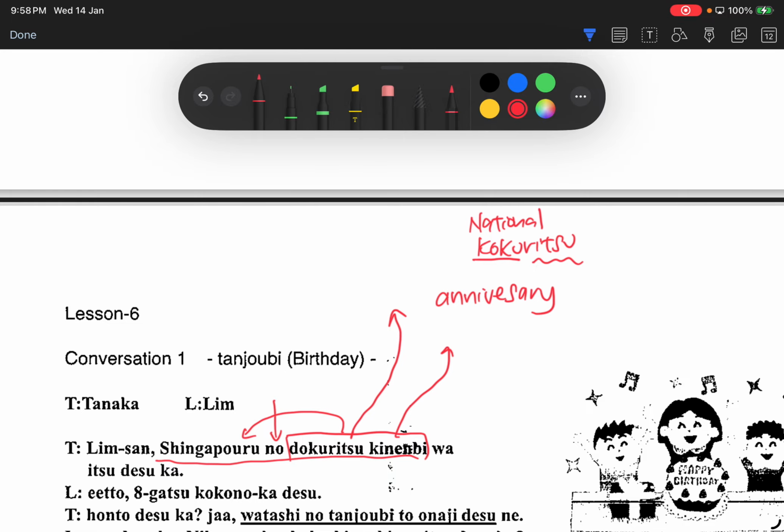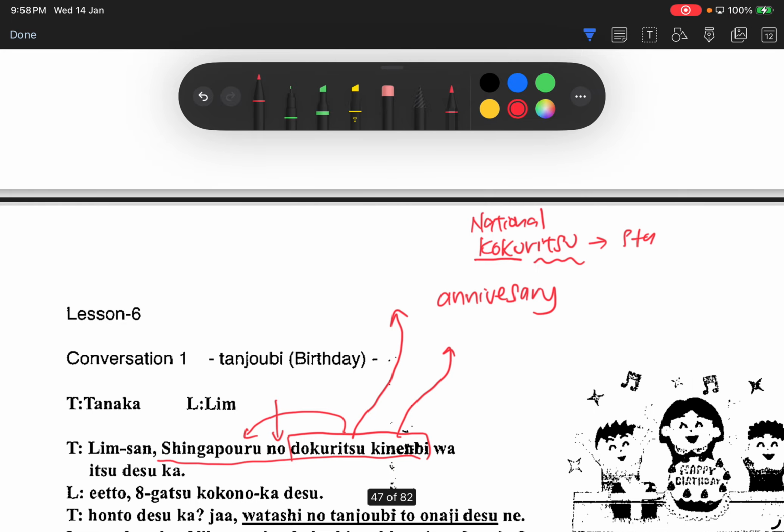For example, like national school, that is state established. 独立 on the other hand means independence. It means a country becoming independent. So we call this independence anniversary, which is true for Singapore's case.